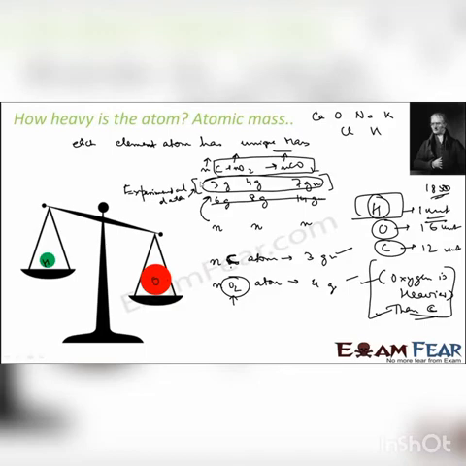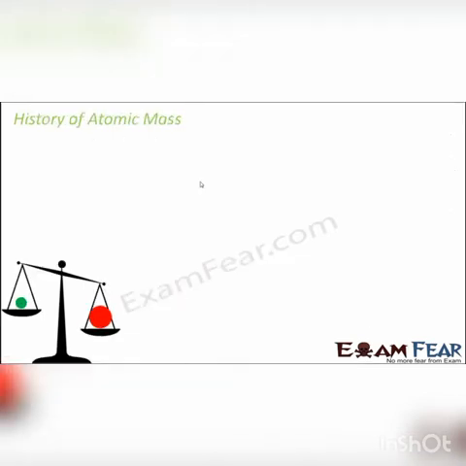Okay, so let's see the history of atomic mass. In 1803, John Dalton coined the term atomic mass. The term atomic mass was not there before; he was the one who gave this term.